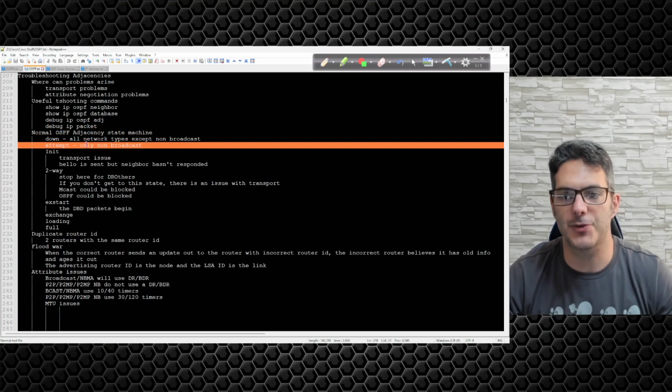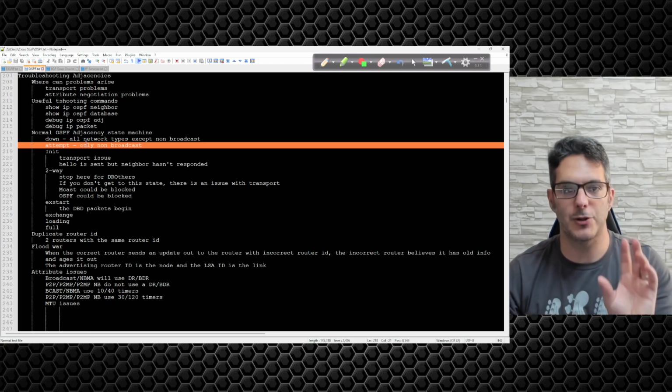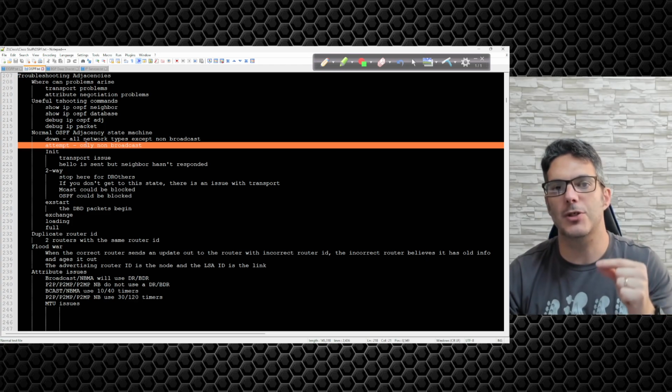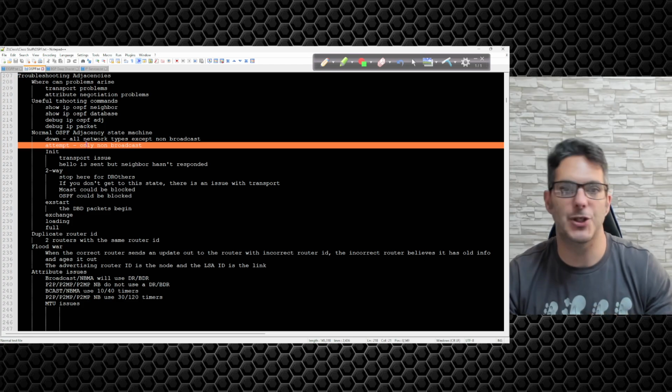There are going to be situations where you might see some legacy circuits out there that don't support multicast. Frame relay, if they don't have the broadcast capability turned on, then you'll be doing neighbor commands anyway. But when you do unicast for OSPF with the neighbor command or EIGRP with the neighbor command, you're essentially configuring it like you would BGP.